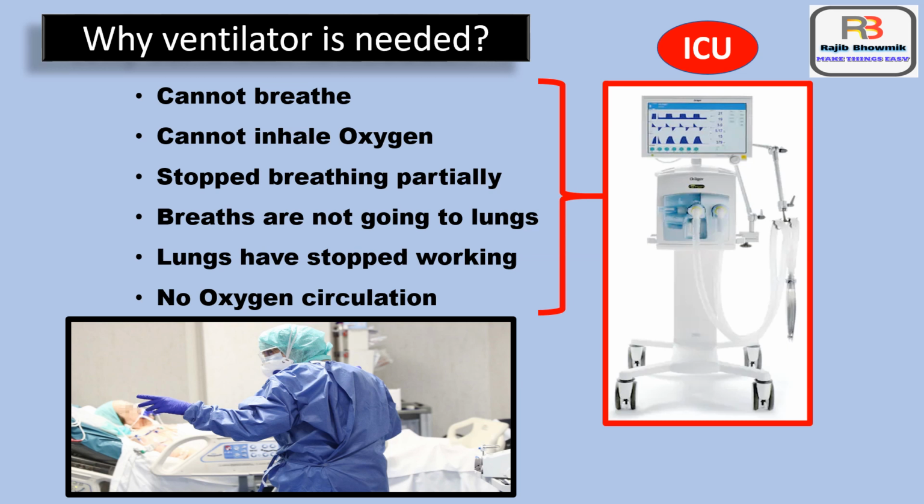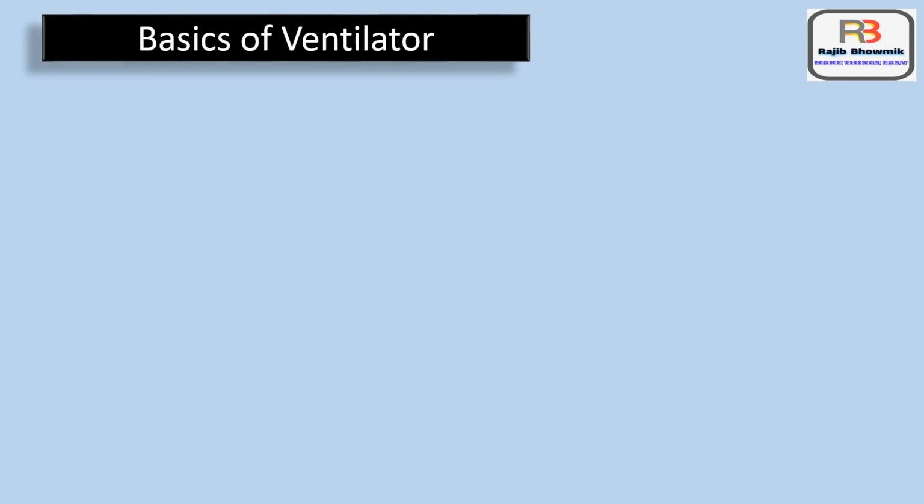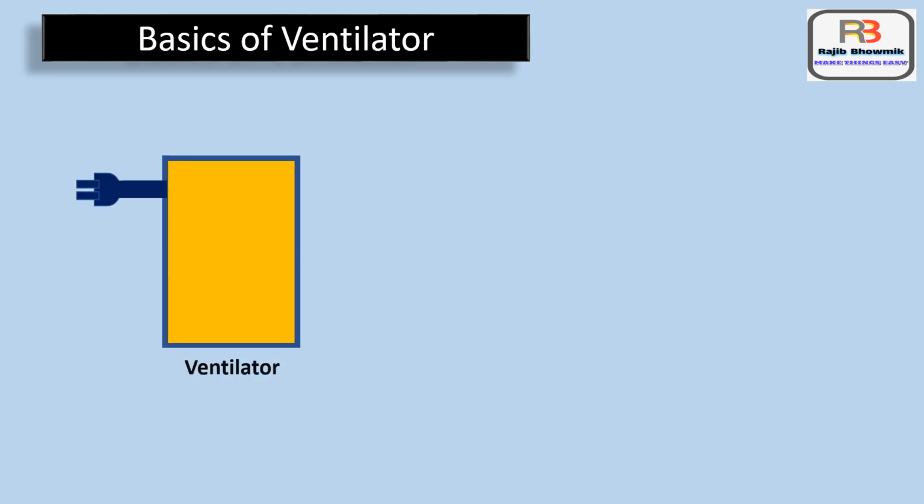The ventilator forces an oxygen and air mixture to enter the patient's lungs and also helps carbon dioxide to come out. Now I'll tell you the basics of the ventilator. Suppose this is the ventilator and this is the AC power supply. At the backside of the ventilator there are two tubes, both connected to the hospital main line.